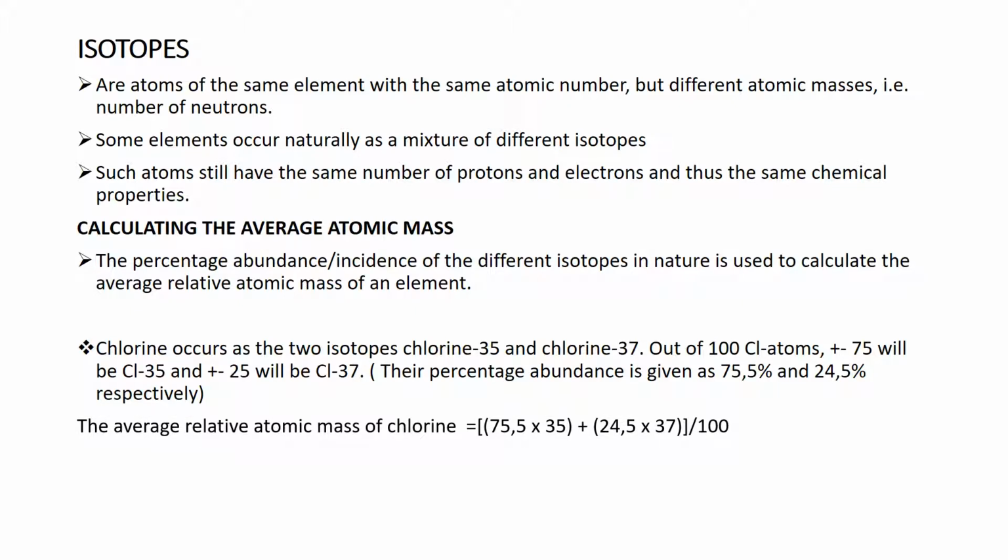We say the average relative atomic mass of chlorine is equal to the percentage abundance multiplied by the number of nucleons, which is 35 for the isotope with an abundance of 75.5, and then we sum that with the product of the percentage abundance of the second one, which is 24.5 multiplied by 37, and then we divide all that by 100, because the 75.5% and the 24.5% add up to 100. Then we get a final answer of 35.5.